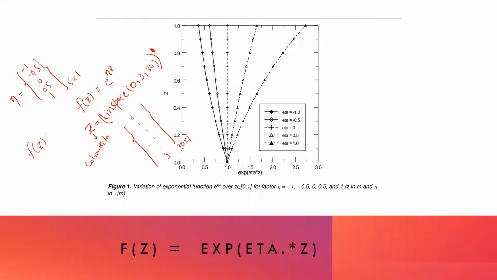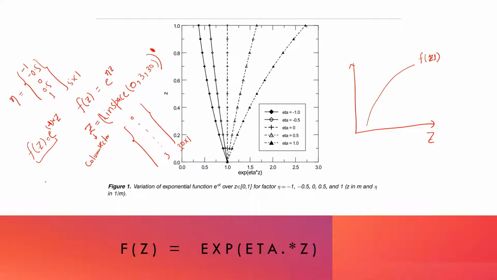Suppose the first value is exponential to the power eta, considered as minus 1 into z. So it will plot a function corresponding to z. It would plot one function, and suppose it is like this. So it would be the f1 or fg1 function.